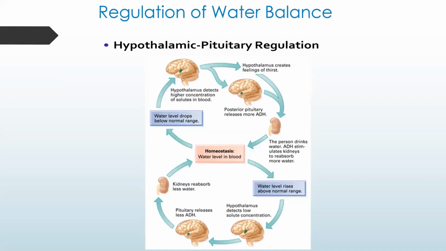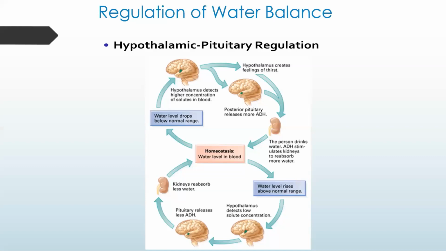Natriuretic peptides help to decrease circulating blood volume and decrease blood osmolarity. When blood pressure is low, the enzyme renin is released. This splits the protein angiotensinogen into angiotensin 1, which is further converted into angiotensin 2.